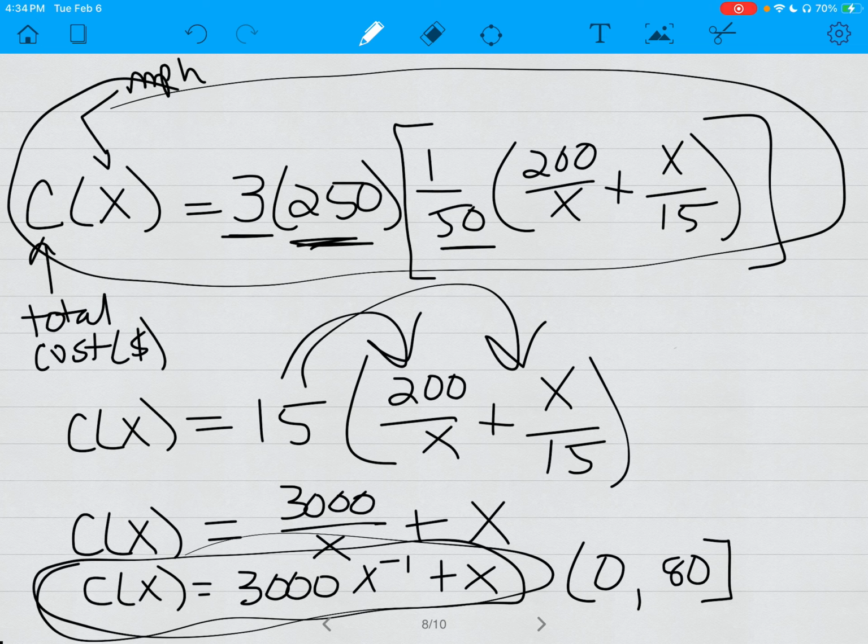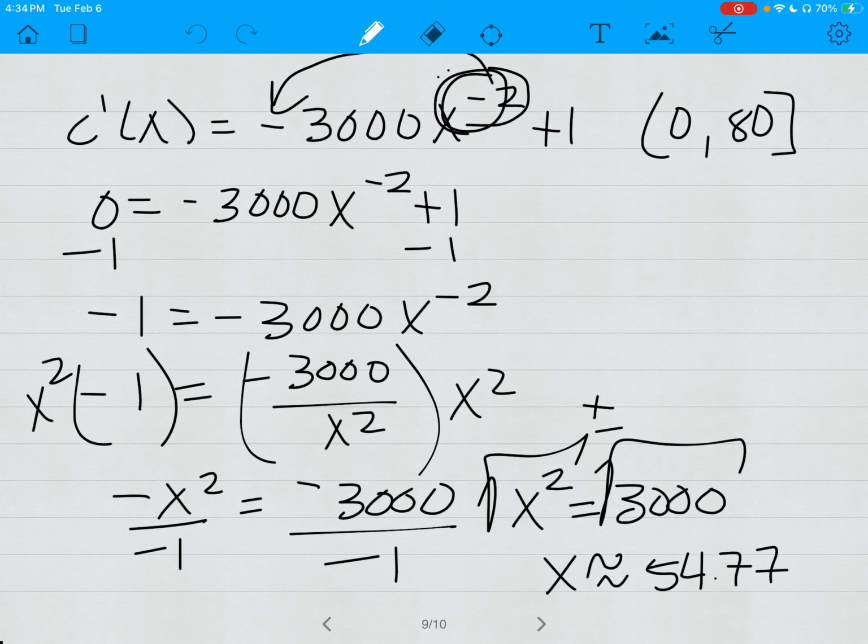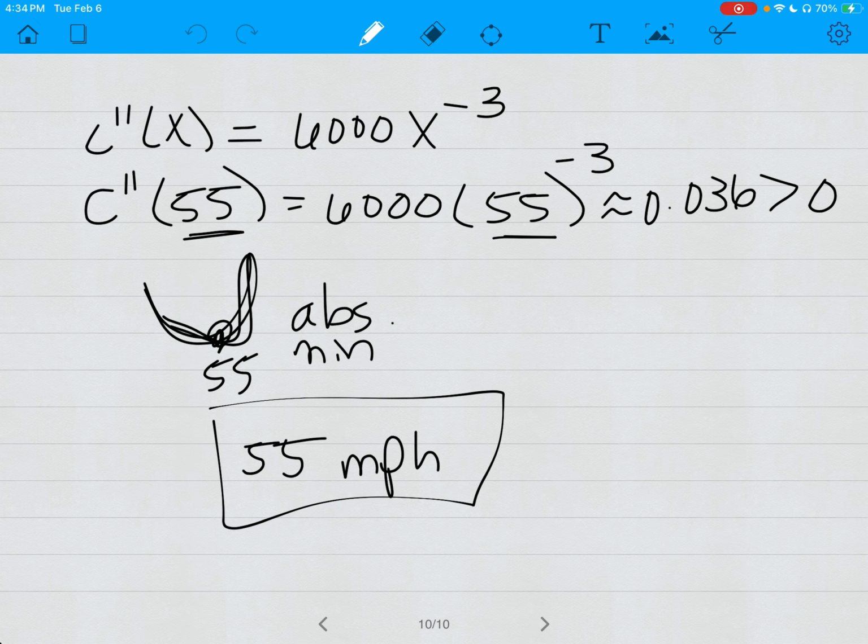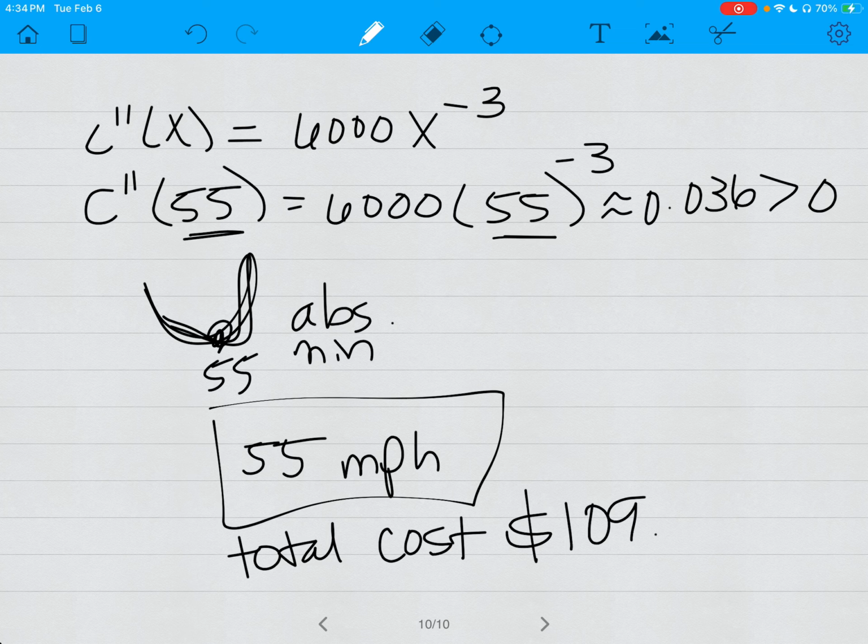Just out of curiosity, I'm going to do that real quick. So 3,000 times 55 to the negative 1 plus 55. So we're looking at a total cost of $109.55.